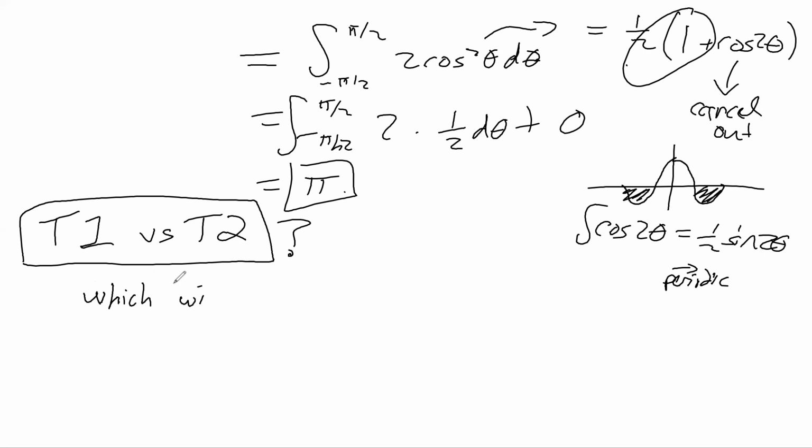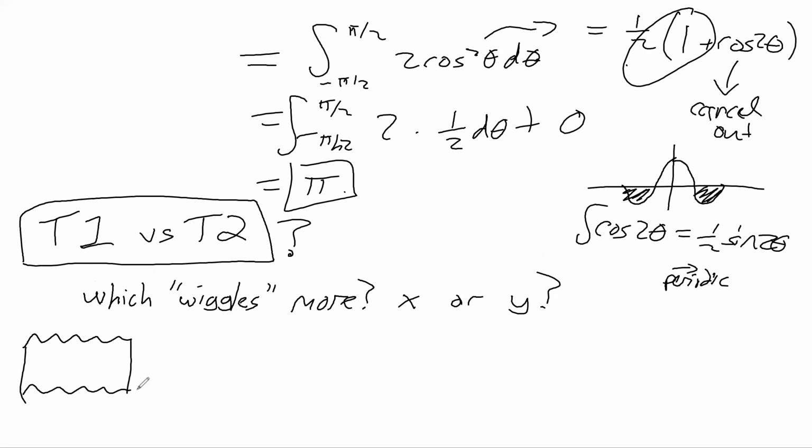Which wiggles more, X or Y? So for example, is this a type 1 or a type 2 region? Well, Y wiggles more. So it's a type 1.